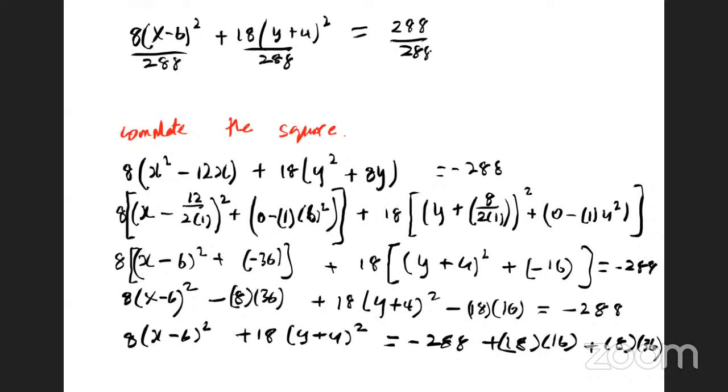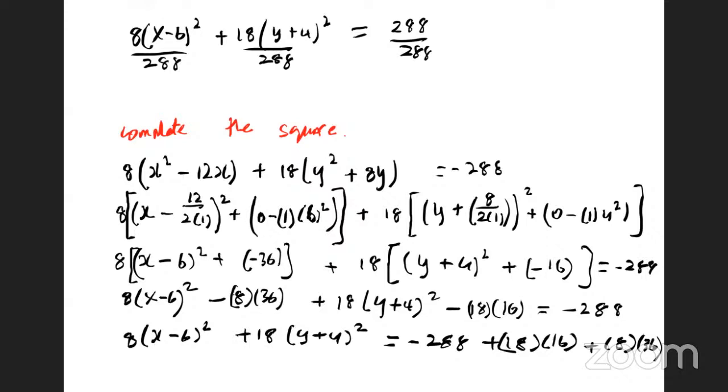18 by 16 is 288, right? And 8 by 36 is also 288, right?